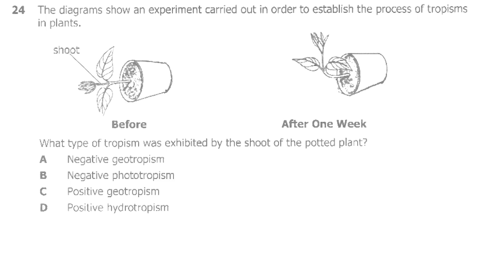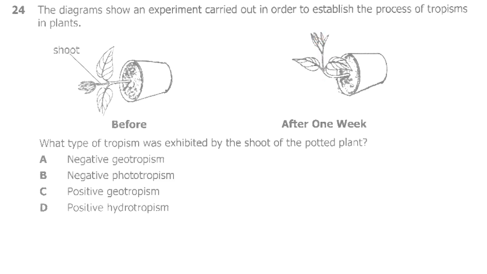We can see the shoot before it was put in a room, and after 1 week it started growing upwards. When there is no light, phototropism is not involved.